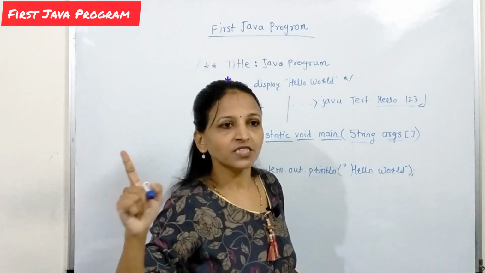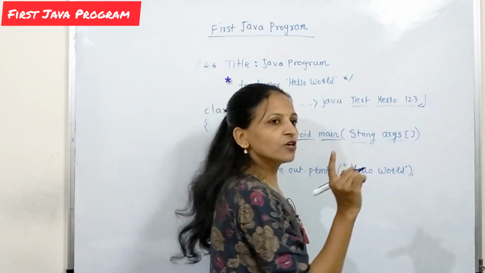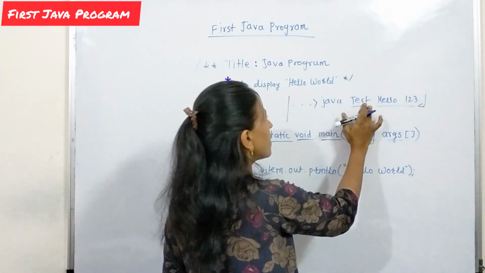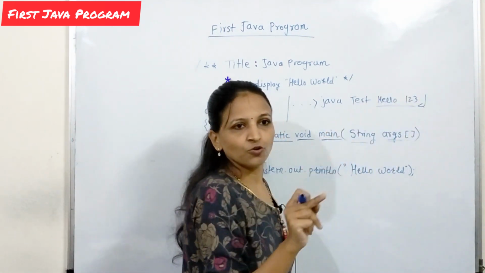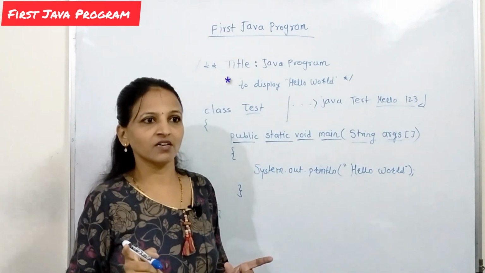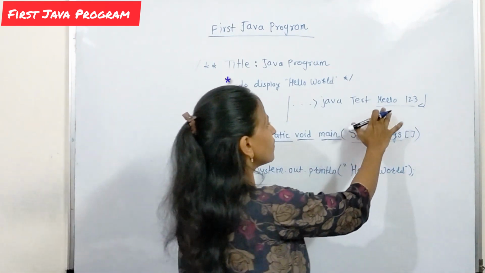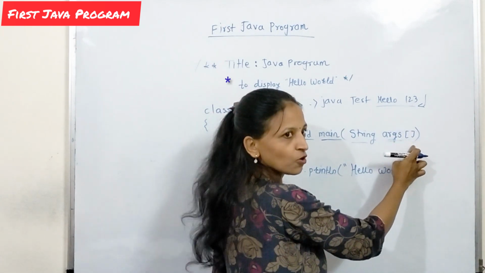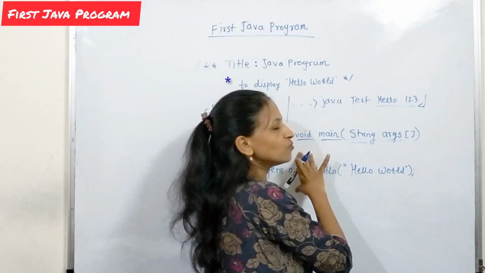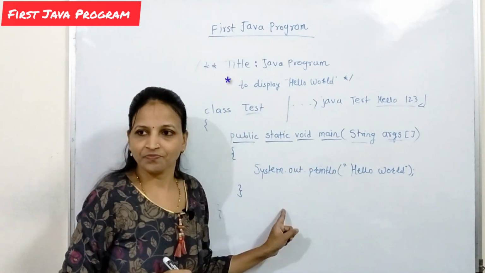In case of C, this is again a part of the command line argument, but in case of Java, this is not a part of the command line argument. This is the difference between C and Java in case of command line arguments. Now see, hello will be stored as args of 0 and 1 2 3 will be stored as args of 1, that you can use in this program.